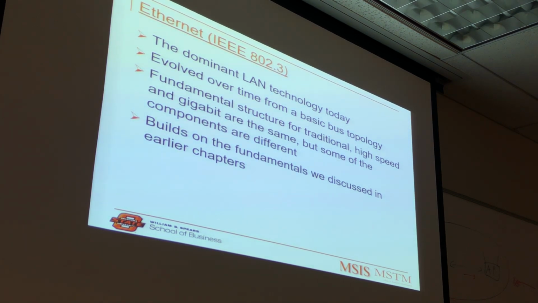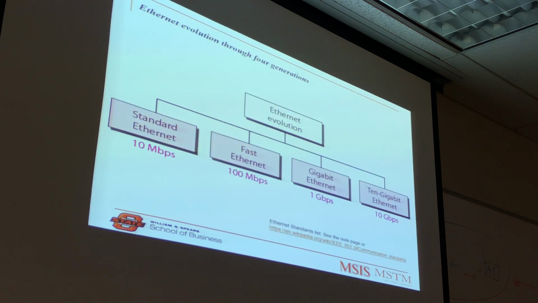So you can use 802.3 interchangeably with Ethernet. They include both the data link layer and the physical layer. In the physical layer, you have standard Ethernet, fast Ethernet, gigabit Ethernet, 10 gig Ethernet, and more, although they are not very popular these days.